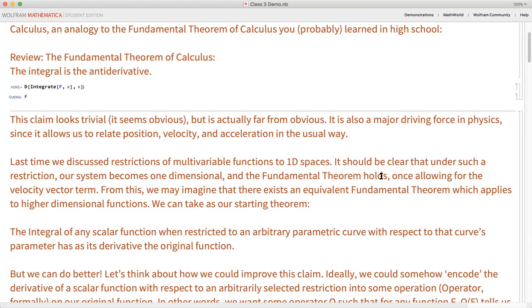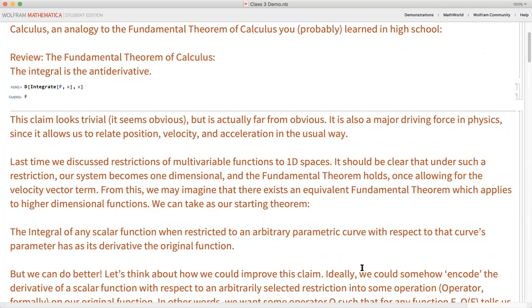So yeah, last time we discussed the restriction of a multivariable function to 1D spaces. I hope it's obvious that if we restrict a multivariate function to a one-dimensional space, like the y=0 line, now we just have a one-dimensional function. We can use the fundamental theorem of calculus, because at that point we're back to the one-dimensional case.